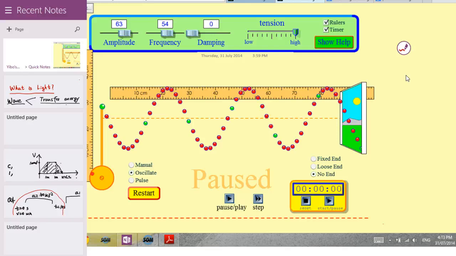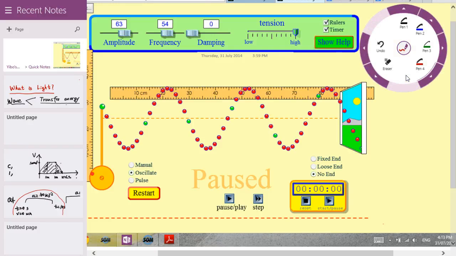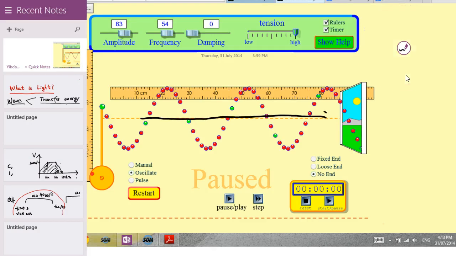When I try to draw a wave, what I do is I just screenshot the wave we have. Now let's draw this wave. I have a horizontal axis, which is measured in length, and also a vertical axis here, which can be labeled as amplitude.